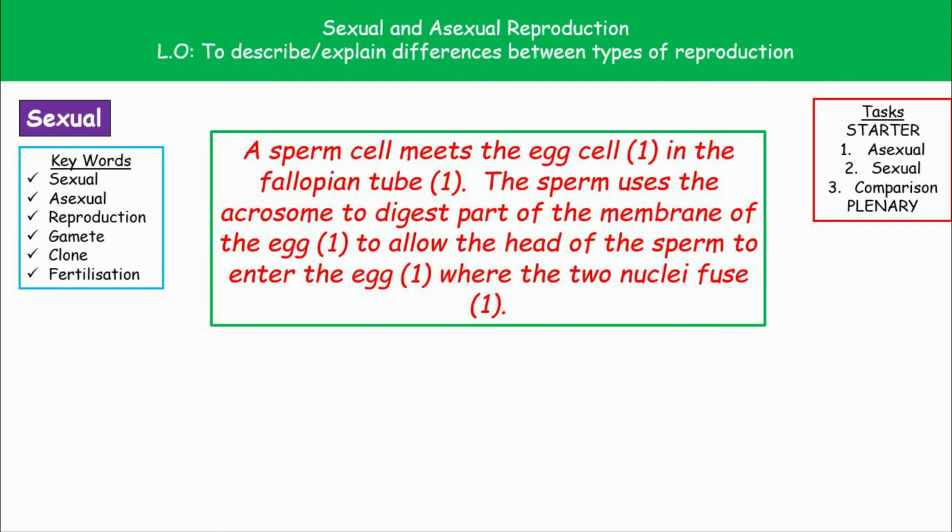And in terms of why we get these unique features in the offspring, what we see is this is a completely random process. Out of all the millions of sperm that are in that single sample, only one of them, if that, will make it to fertilize the egg. And again, that egg is at random released from the ovaries.